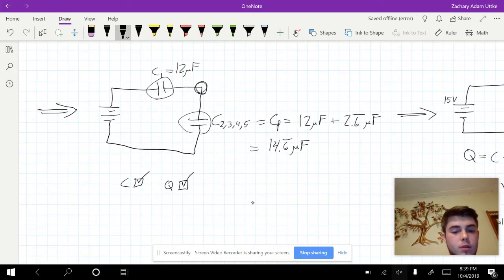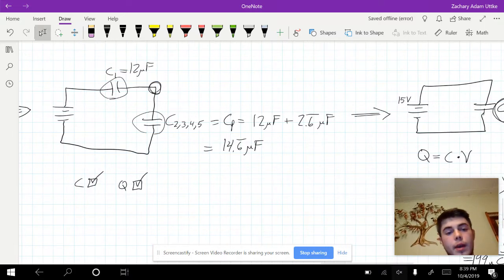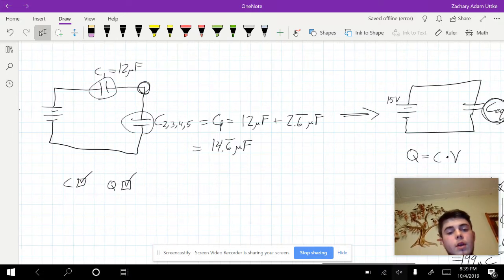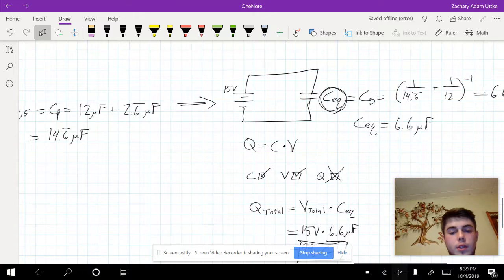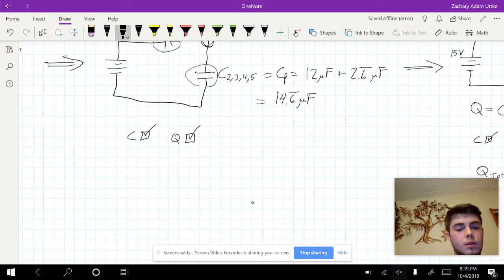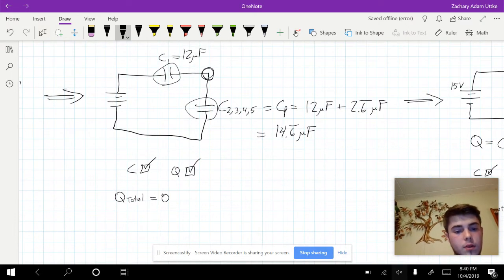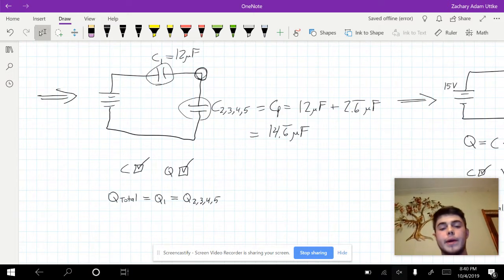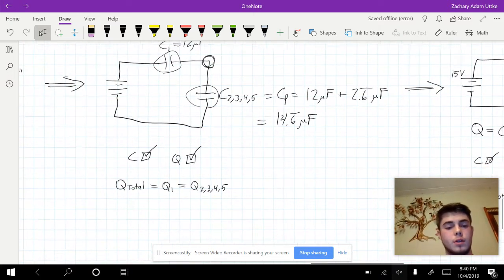Okay, so what does that actually mean? They have the same charge with each other, but they also have the same charge as what we calculated back here. So let's write out what this actually means. Q total equals Q1, which equals Q2,3,4,5. So this is what I mean by capacitors in series have the same charge.